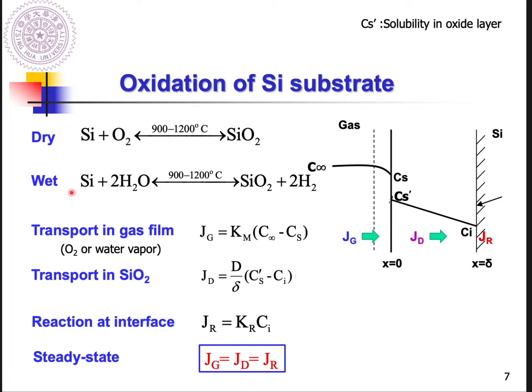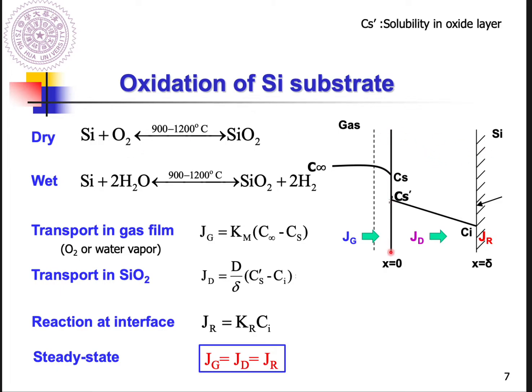So you need to calculate the growth rate of silicon dioxide and answer which one has a higher growth rate and why. In order to answer these questions, first of all, you need to draw what you're dealing with. So we use the dry method, silicon substrate reacting with gas oxygen, as an example here.